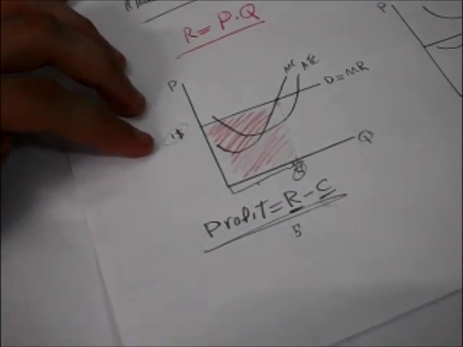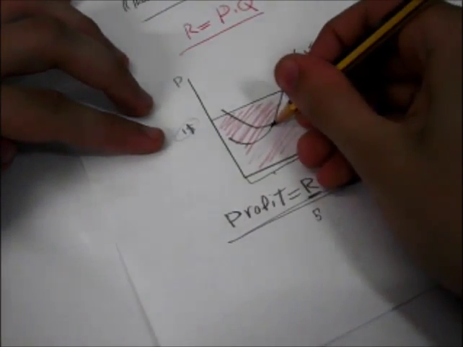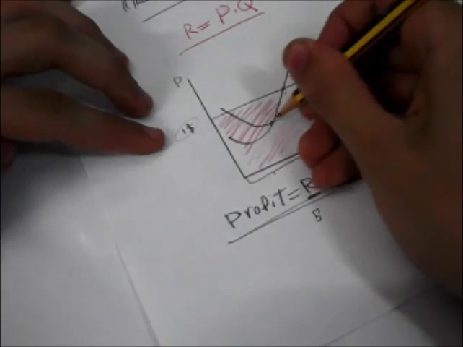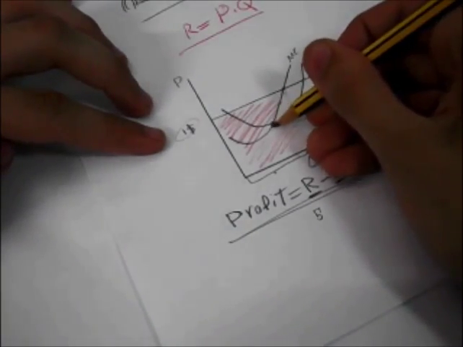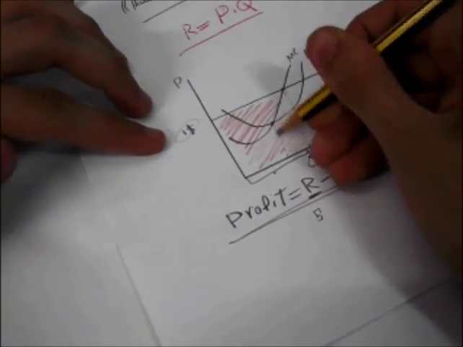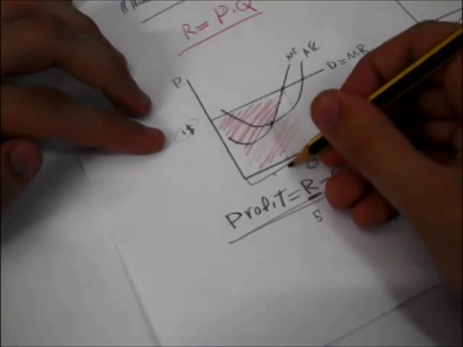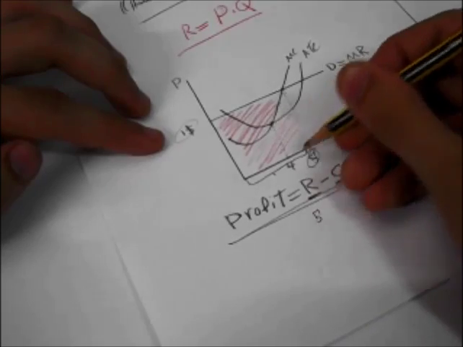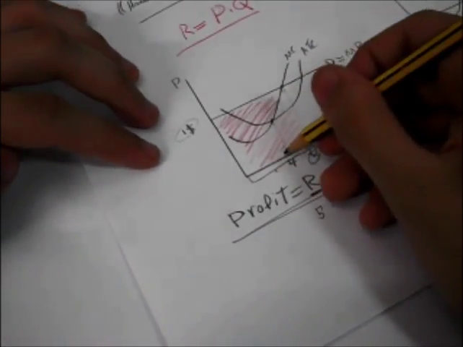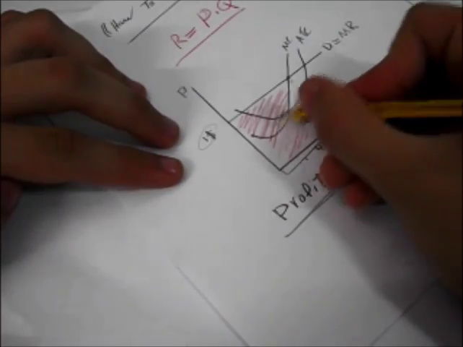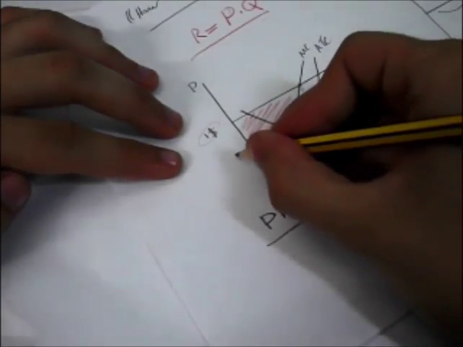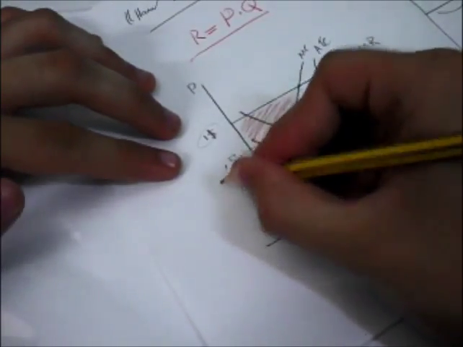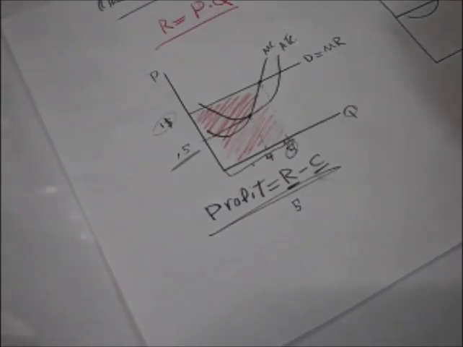How about the cost? The cost, we stated earlier, is the bottom point of the average total cost. So we just go down until we touch the quantity. Let's say the quantity is 4, and the price is, let's say, 50 cents.